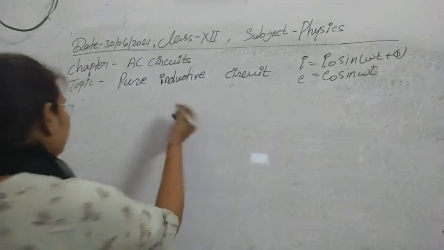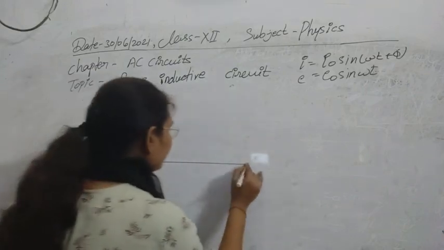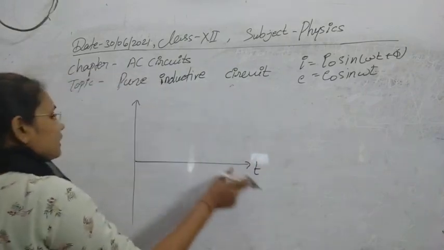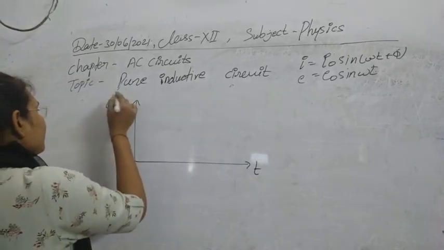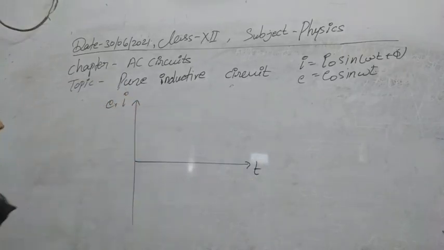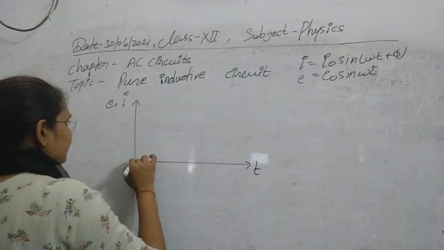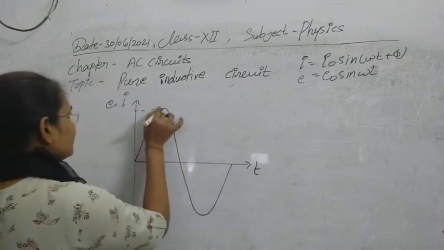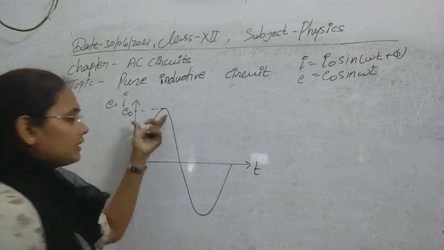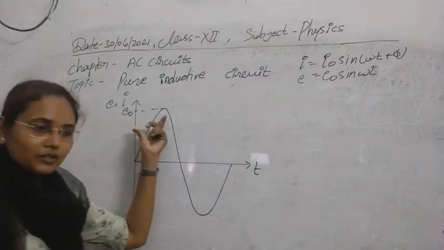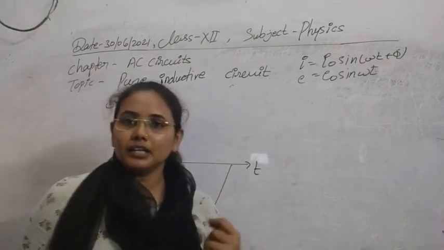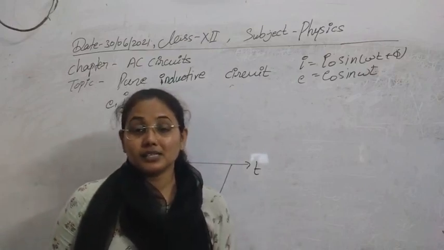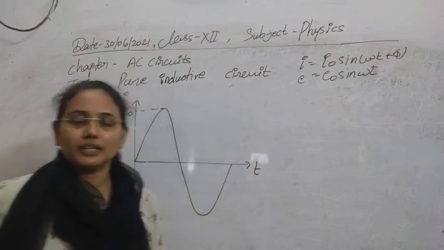First, let's make a graph for this, with T on the axis, and this is the alternating current and alternating voltage. Here is the curve we get for the alternating voltage, and this is the maximum value of the alternating voltage. One more thing to keep in mind: the peak value of the alternating voltage will always be greater than the peak value of the alternating current.